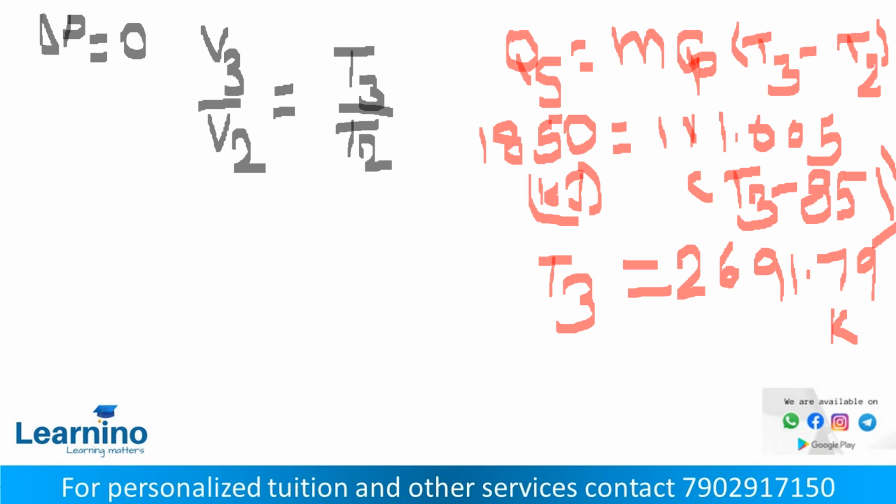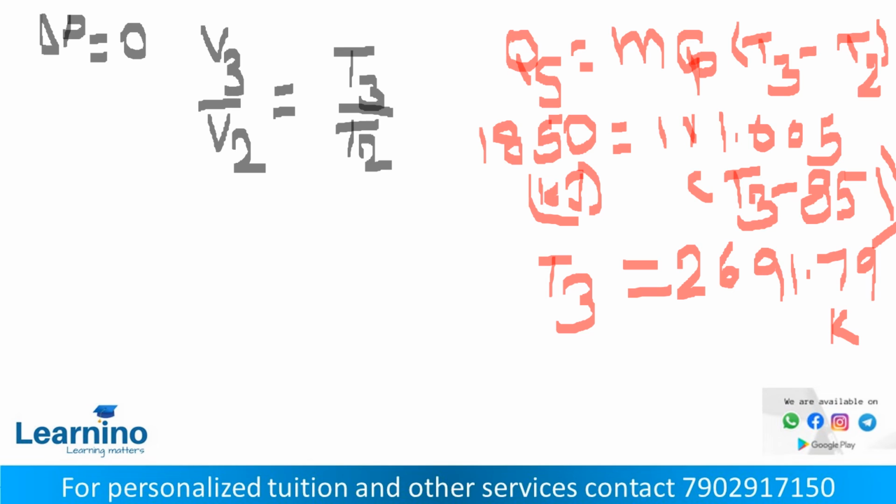T3 is equal to 2691.79. We can write 2692. Okay. So just substitute in this equation.